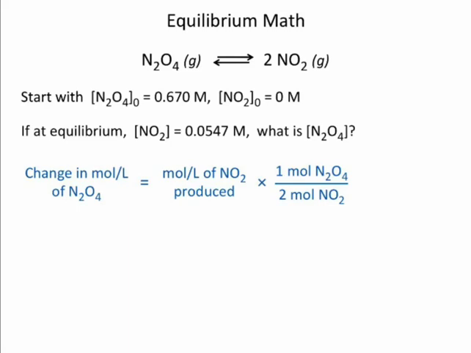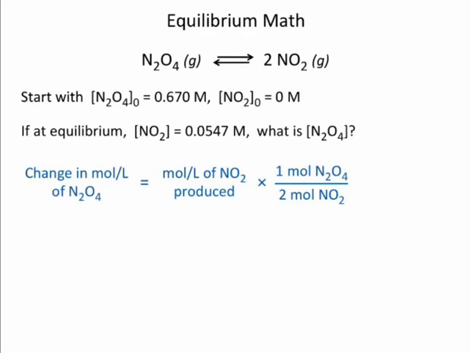So in this case, the change of N2O4 is equal to, well, how much NO2 you produce. You start with N2O4, you're going to make some NO2, and you're going to make twice as much nitrogen dioxide as the N2O4 that reacts away, because of the stoichiometric coefficients here.